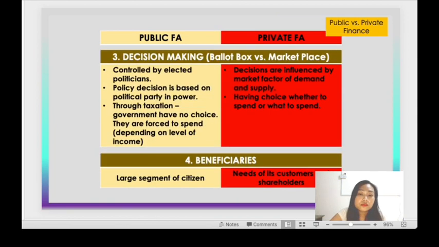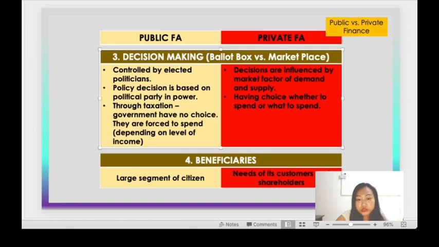Next one, decision making. This is the one that I've been talking a lot about just now. Decision making between public finance administration and private finance administration. So for public finance administration, or the government body, it is controlled by elected politicians. So policy decision is based on the political party in power.